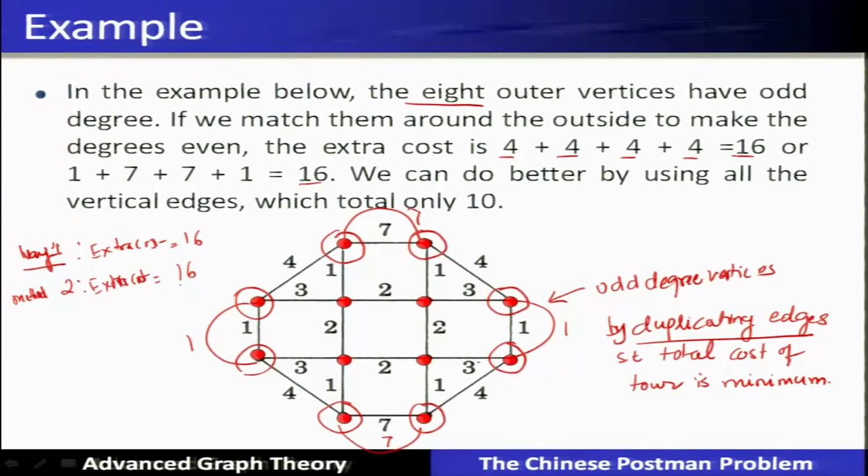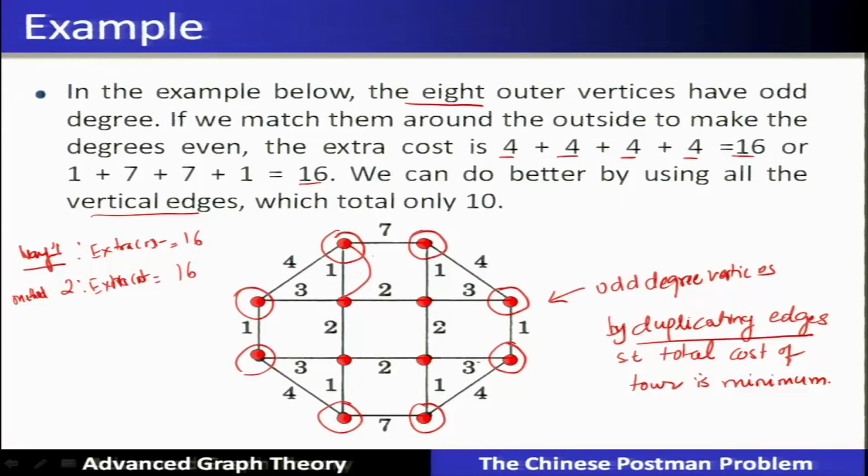Now there is another method which does better than these 2 methods, and which says that if we include all the vertical edges, then the cost will be reduced. So vertical edges will include, for example, this particular vertical edge.